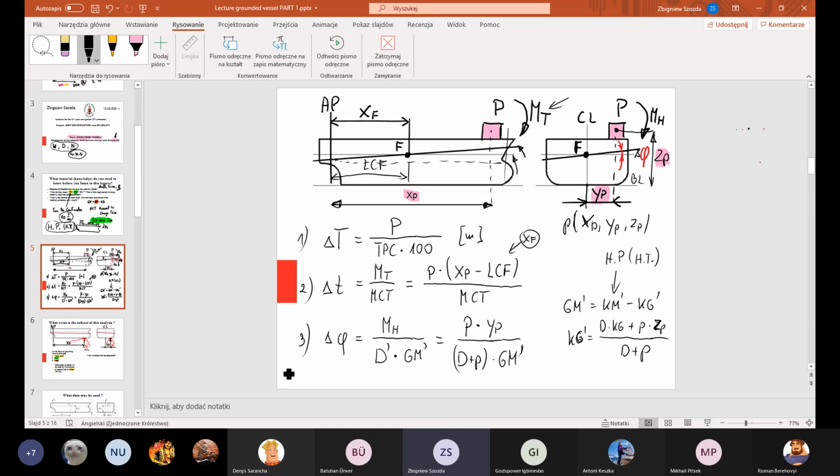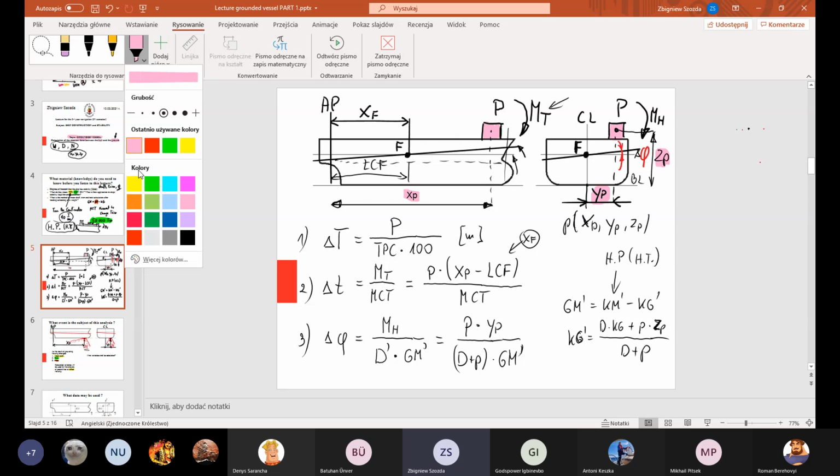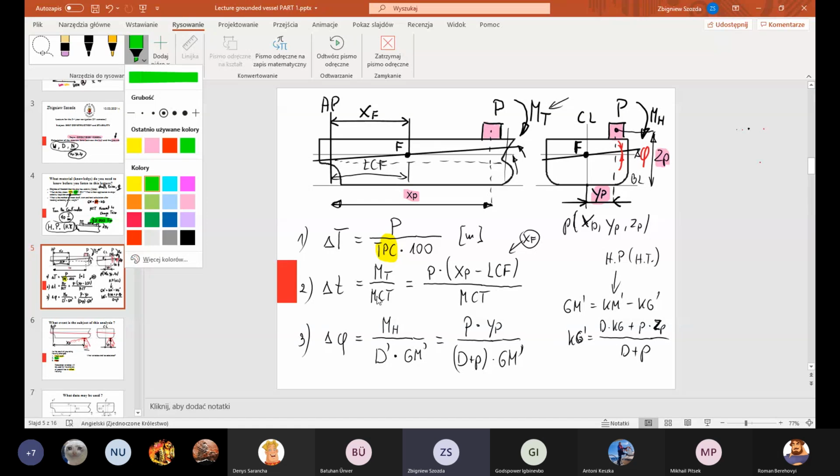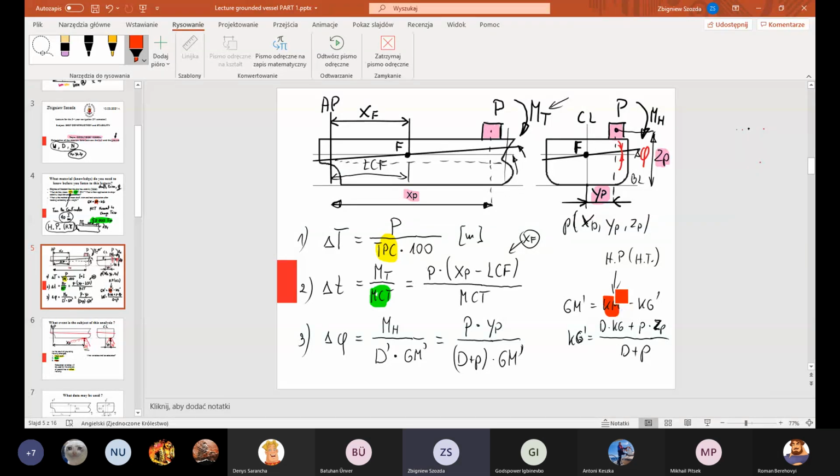You have to proceed and to remember and to understand different issues. If we understand such variables like TPC, MCT, and KM, those three formulas shall not be difficult for us.